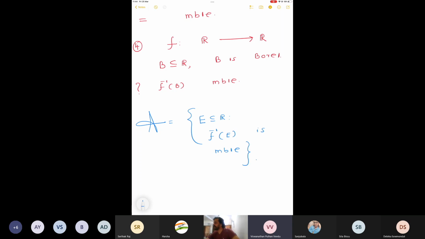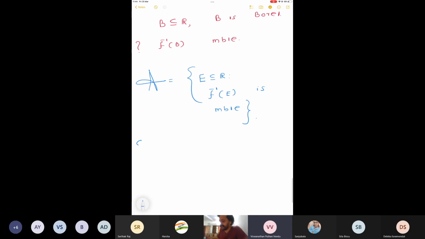Let us consider the collection A of all E subset of R such that f inverse of E is measurable. I claim that this collection of subsets of R forms a sigma algebra.